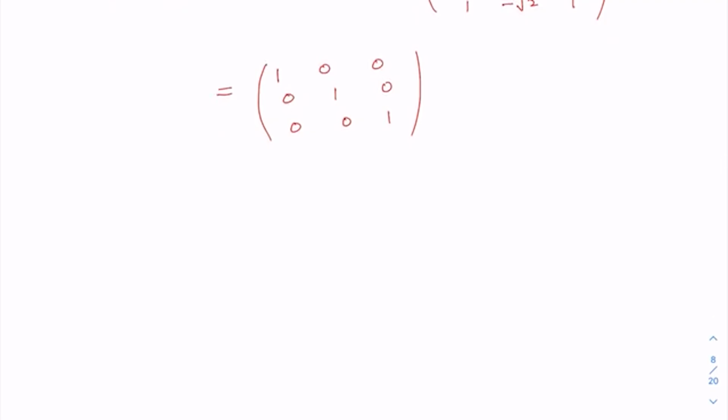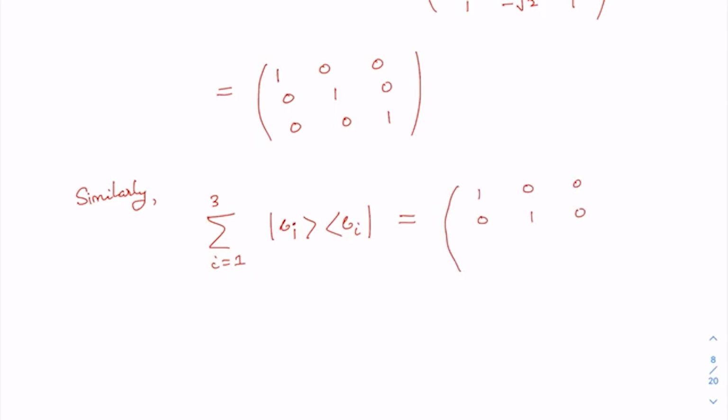Following the same procedure, similarly you can prove that the set of eigenvectors b1, b2, b3 also forms a complete basis, and you will get the identity matrix.